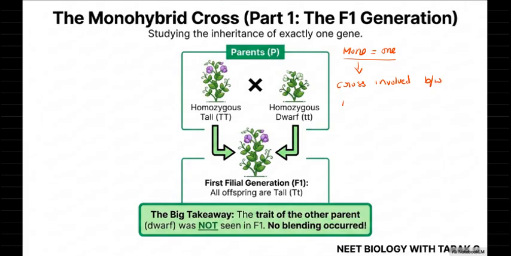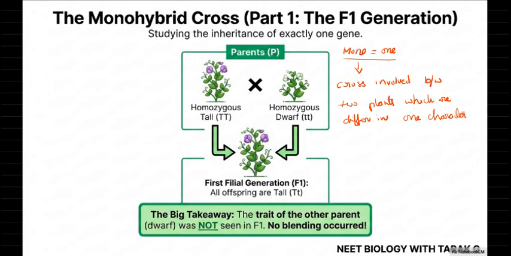So a monohybrid cross indicates a cross involving two plants which differ in one character. Got it? Differ in one character.